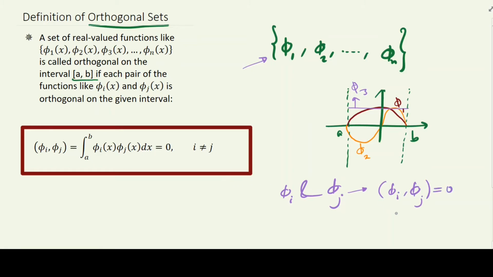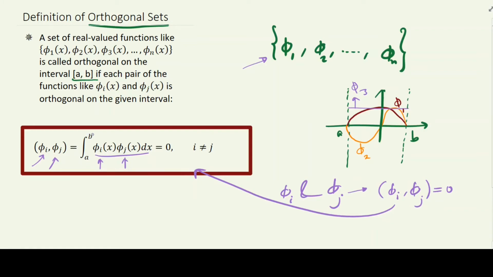And again, by definition, the inner product of two functions is just the integral of their product over that given interval. So for example, the inner product of phi i and phi j is an integral over a to b of the product of those two functions, phi i times phi j.